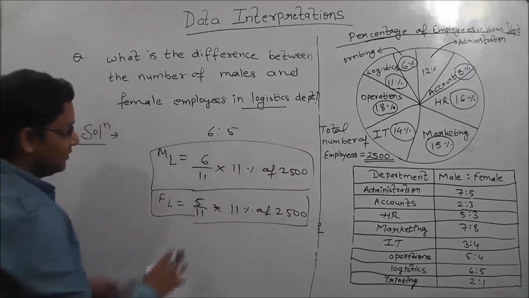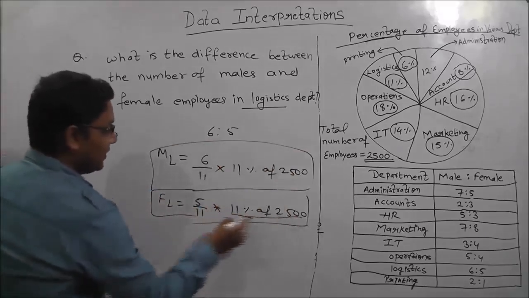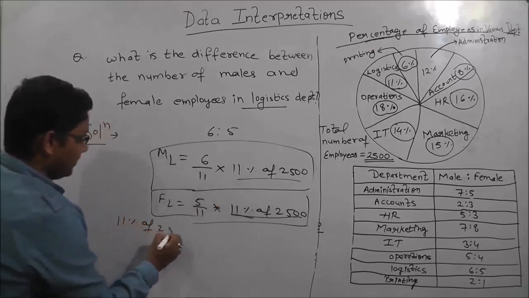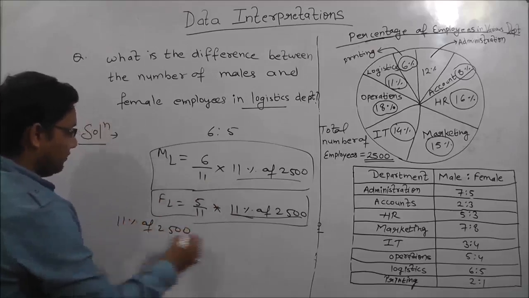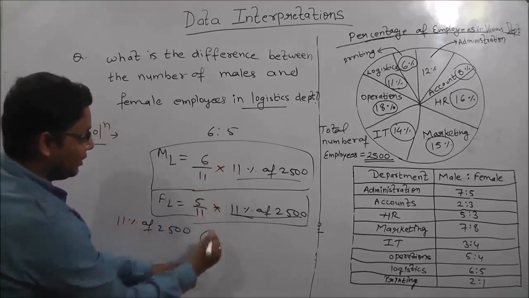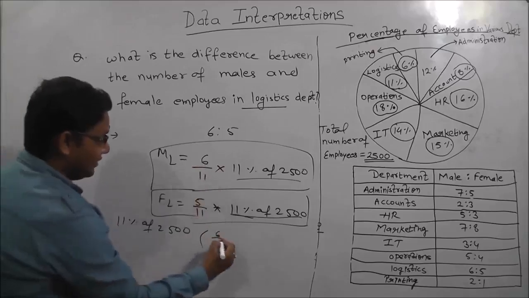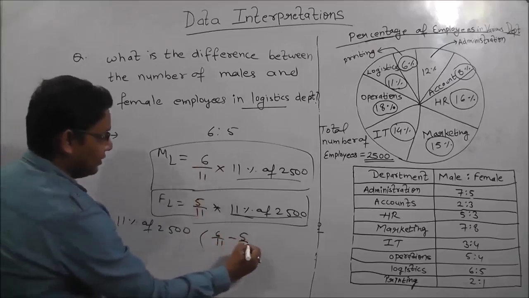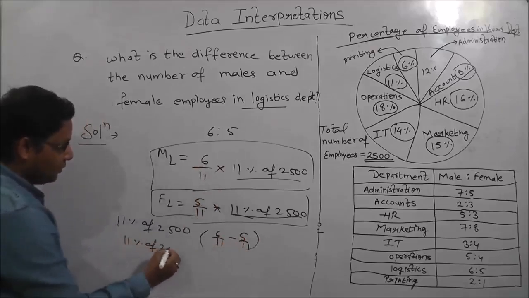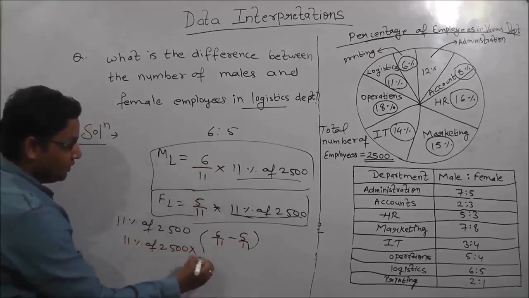You can see here this part and this part is common. So by taking this common, how much will you get? 11% of 2500 into subtracting this from this: 6 by 11 minus 5 by 11. Okay, so our answer will become 11% of 2500 into 1 by 11.